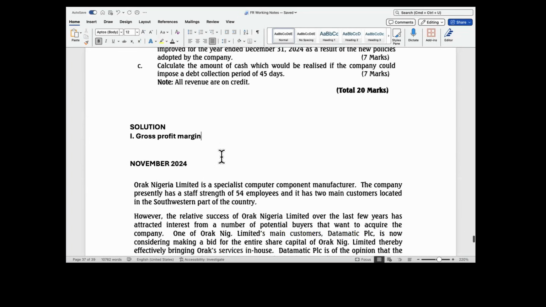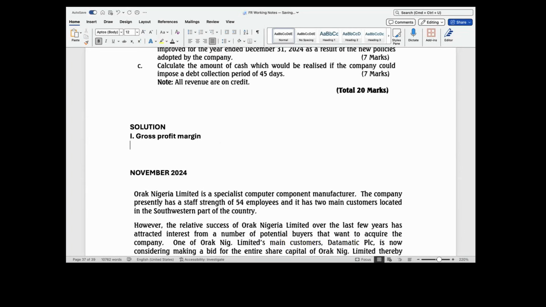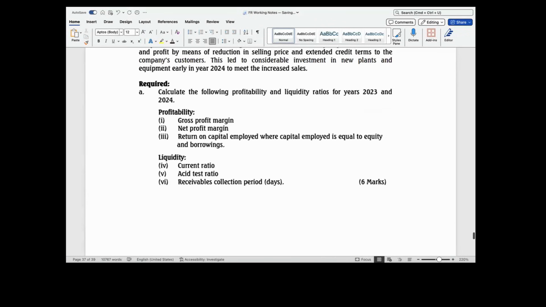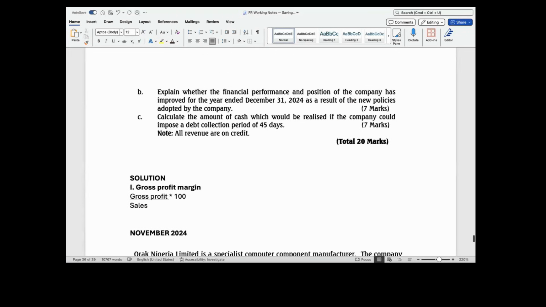So let's compute it. We'll have gross profit all over sales multiplied by 100. Again for 2 years, 2023 and 2024.